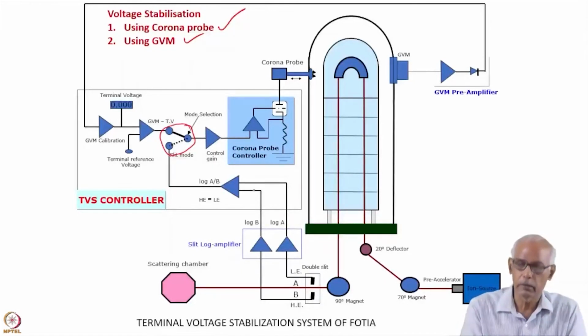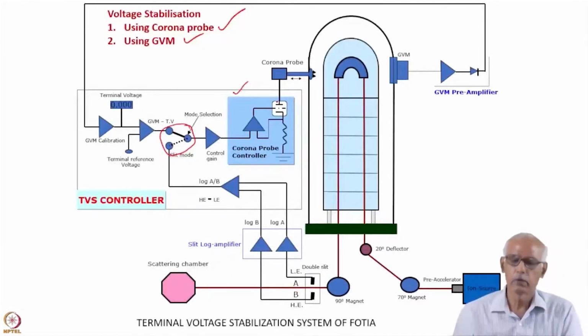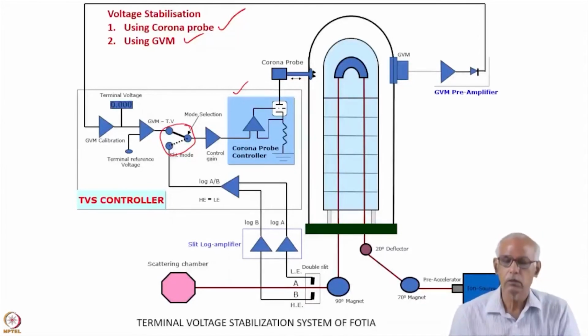So this is coming because of feedback, and the input to this corona stabilization system is either from the feedback of the slits, which is coming from the energy, or it can be from the GVM itself. So you can see that. This is one circuit of corona stabilization system or voltage stabilization system, which is used in the 6 million volt tandem accelerator at BRC. This we call the folded tandem ion accelerator here.